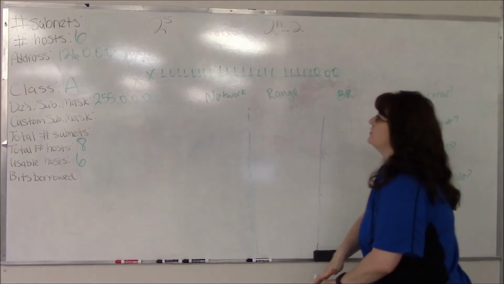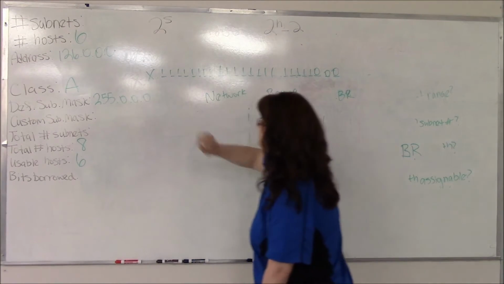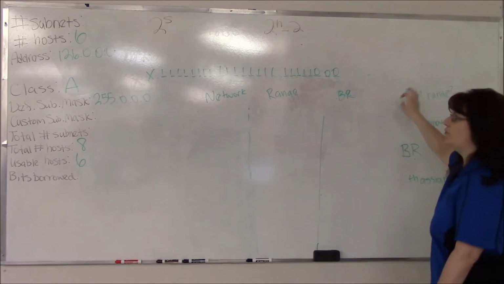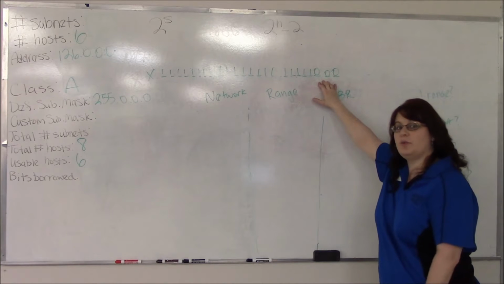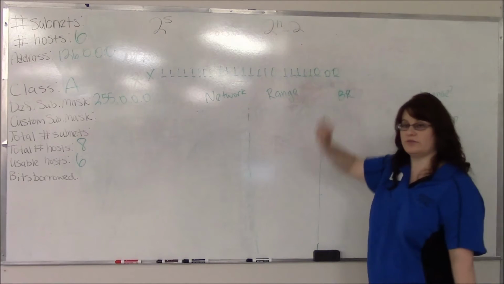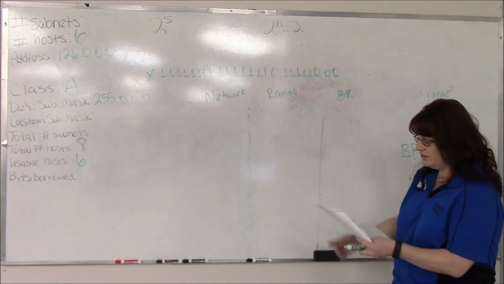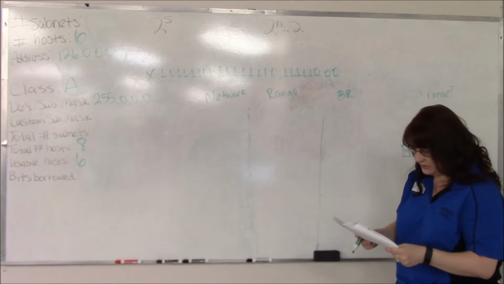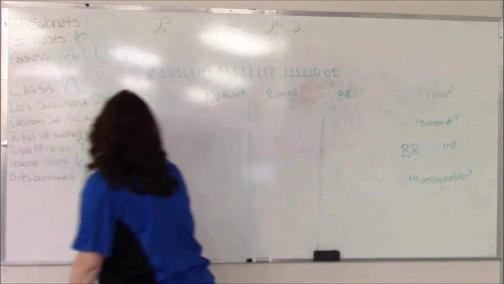Ugh. So I can use these last 3 octets. They're asking me about hosts. Hosts go right to left. So I got my 6 usable hosts here and a crap ton of subnets, right? So I borrowed 21 bits to get here.